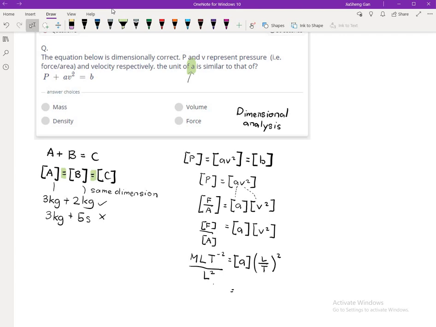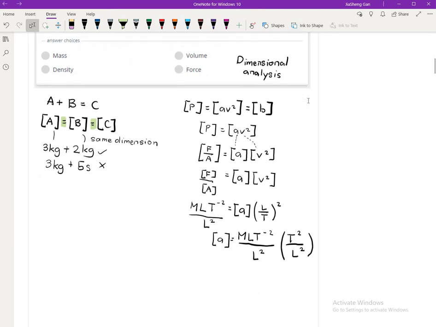So if you move this around, you will see M L T negative 2 divided by L square multiplied by T square over L square. Okay, if you move this slightly more, it's just a matter of cancellation.